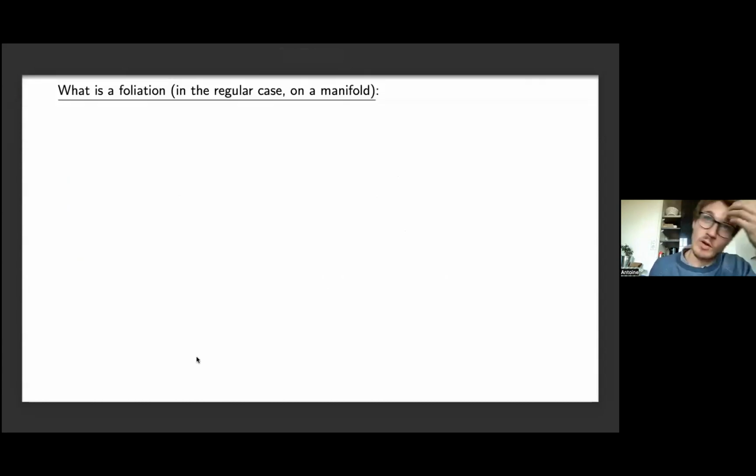Now, how can we apply this specific Wronskian to foliations? First, I'm going to recall what a foliation is in the regular case on a manifold.